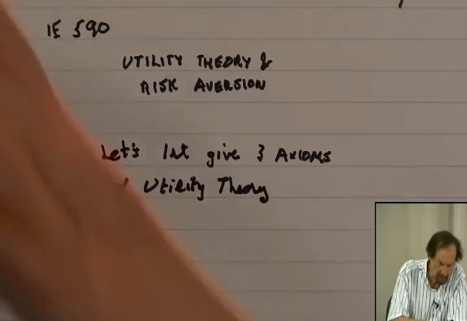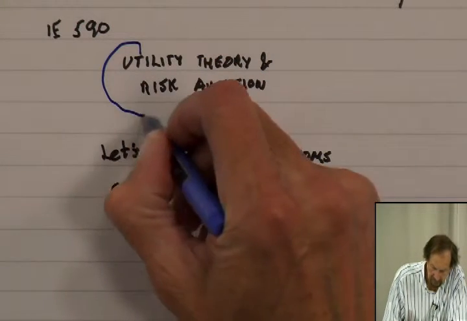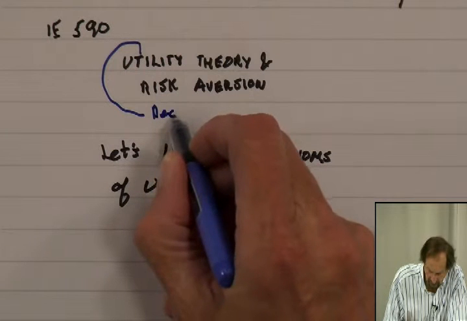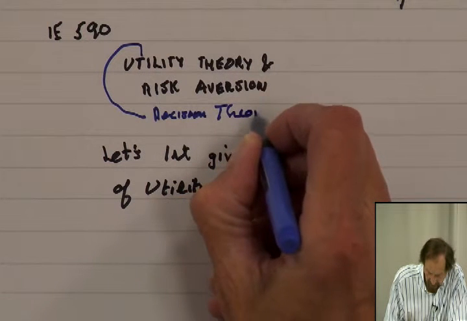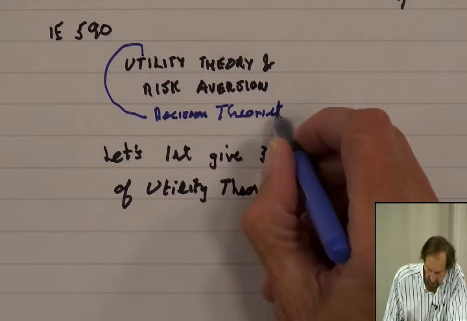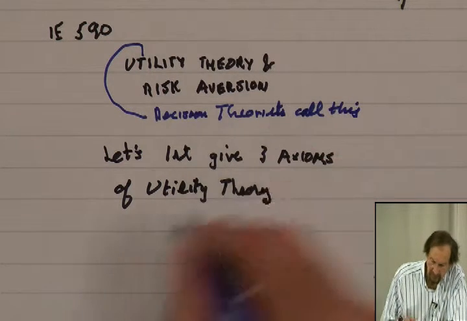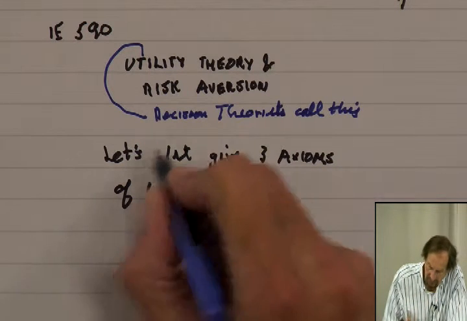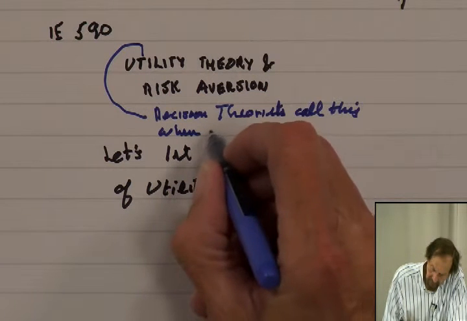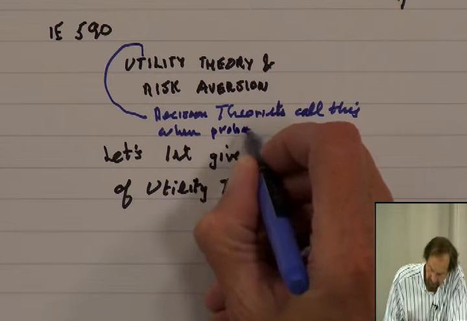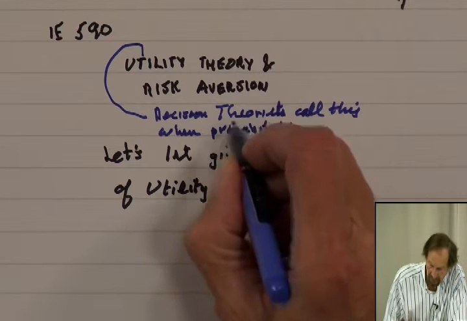Now, when we talk about utility, decision theorists call this utility when we have probabilistic outcomes.